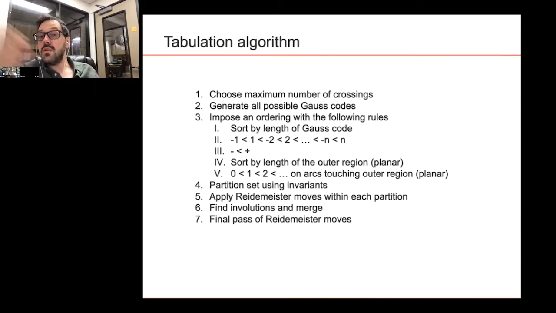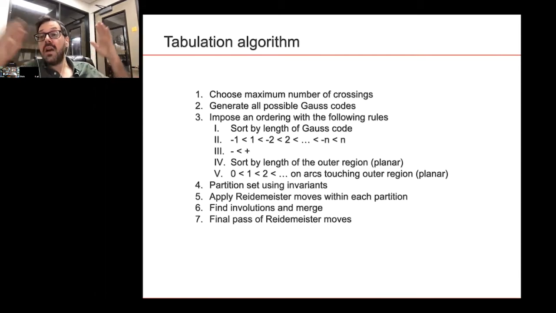So we will generate all possible Gauss codes on the sphere, all possible combinations of 1, 2, and 3 with minuses for over-under information, and all possible parity combinations. This means that I will have a lot of redundant diagrams because they are not in minimal crossing representation form. But we need that to generate our isotopic classes.